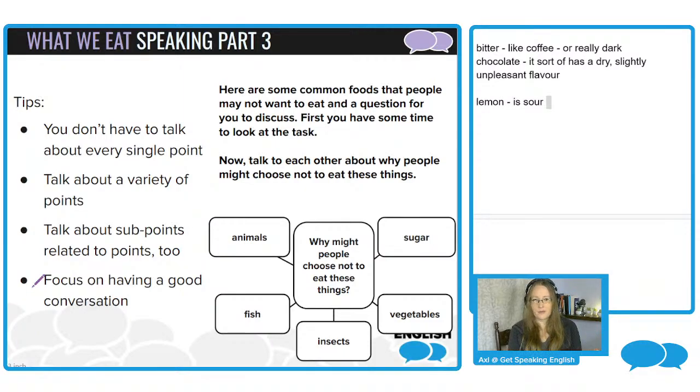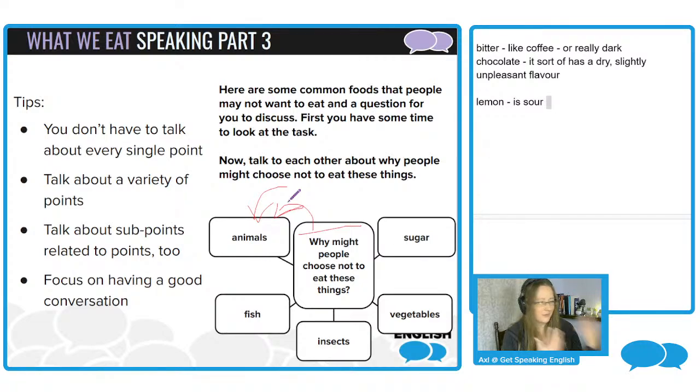We do not have to talk about every single point. You could either talk about a variety of points, or you could talk about one point but talk about sub points underneath it. Here, for example, the question is, why might people choose not to eat these things? If you're talking about animals, you could talk about why some people choose to eat certain types of animals but not others, right?